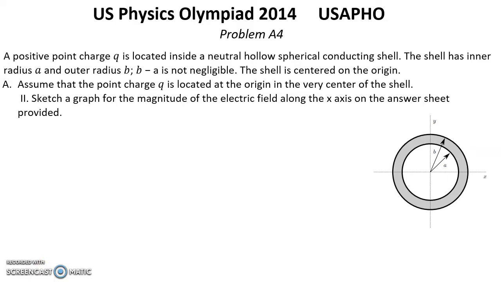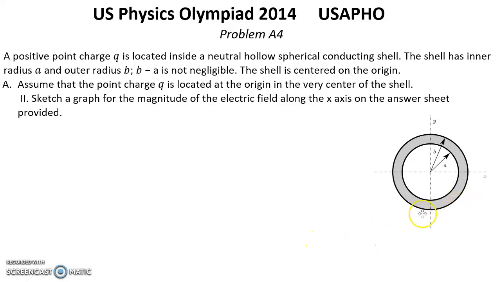Question 2. Sketch a graph for the magnitude of the electric field along the x-axis. Solution. Because the shell is a conductor, we have zero electric field inside of it, because electric charge is distributed on the inner surface with a charge negative Q, and there is a charge positive Q on the outer surface of the shell, and both charges are uniformly distributed.